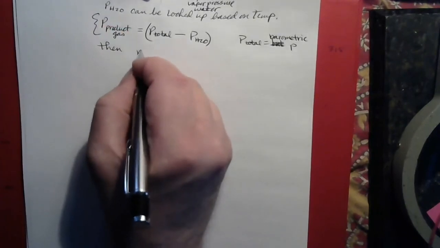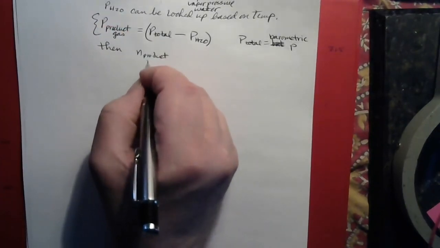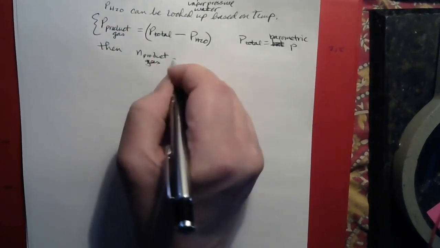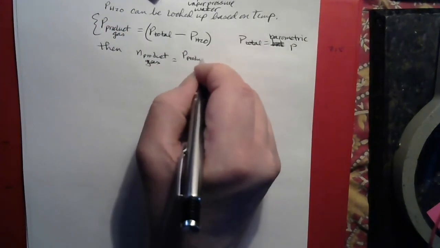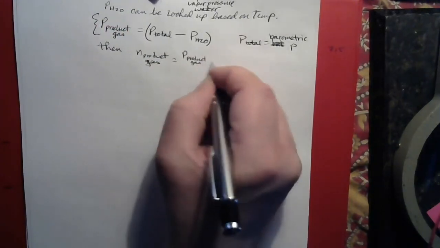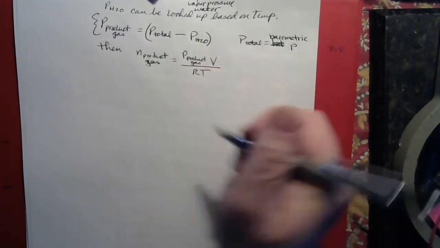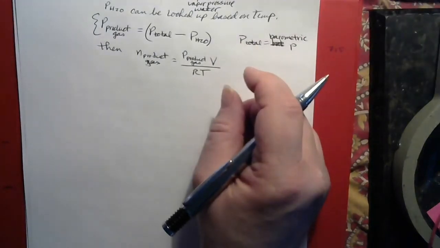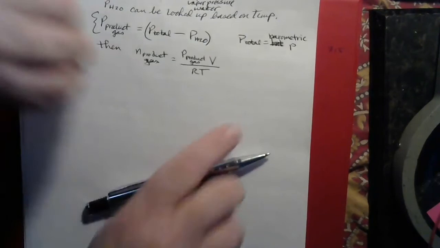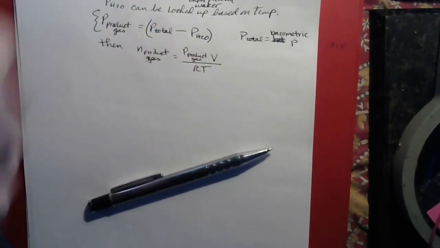Okay, and then the number of moles of product gas will just be the partial pressure of the product gas times V over RT. And let's see, we're at about 30 minutes now, so I'm going to stop here, but we'll do an example of that right after we come back.